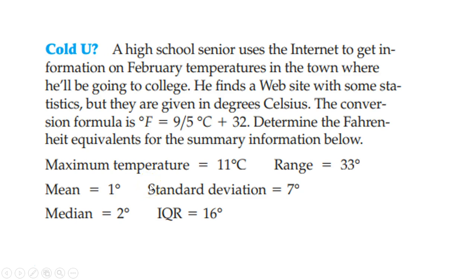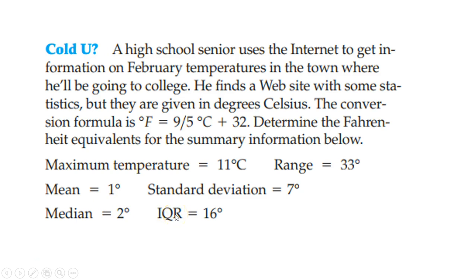A high school senior uses the internet to get information on February temperatures in the town where he'll be going to college, and he finds a website with some statistics, but they are given in degrees Celsius. The conversion formulas are as follows. Determine the Fahrenheit equivalent for each of these. Now this is the same idea. You have your max, your range, standard deviation, mean, median.